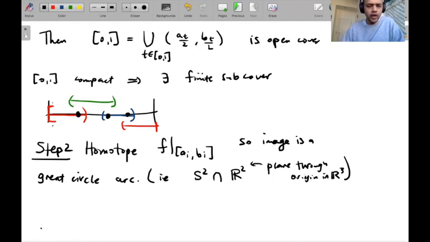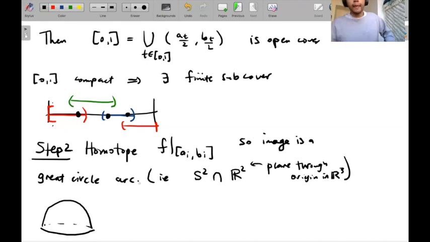Right, so the setup we have by construction so far, f restricted to [A_i, B_i] is contained in some hemisphere H. So, okay, here's H. And here's the image of f restricted to this interval. It's contained in here. Who knows what happens? Maybe it's some space filling thing.